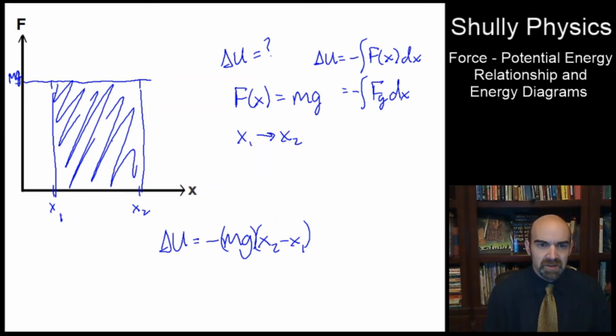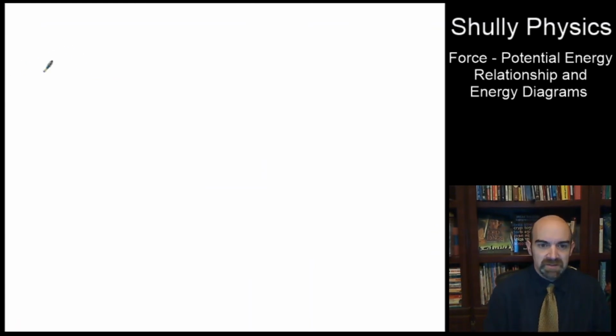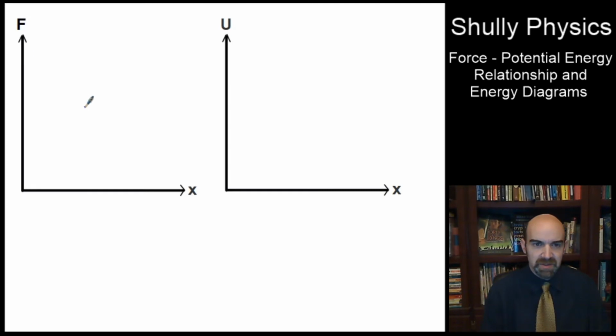All right, what about an actual function? Let's go to my other page here. What if we have a kind of an unusual one here? Let's go 2x squared plus 4. And we'll do the U later on.